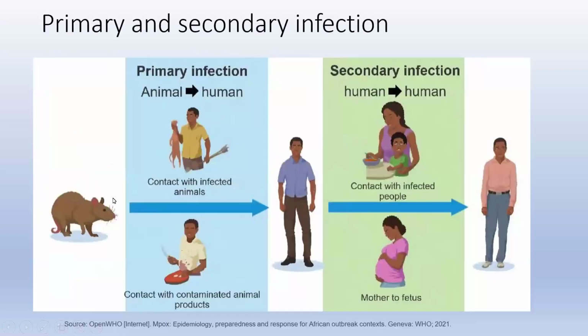So the primary infection occurs from animal to humans, and then we get a secondary infection from human to human, and these humans, when they travel outside the endemic region, will transmit this disease to other human beings.